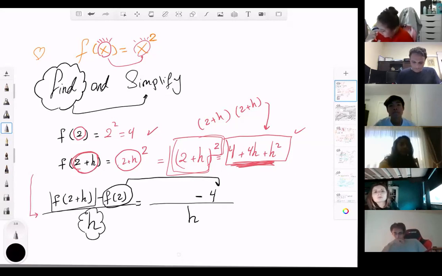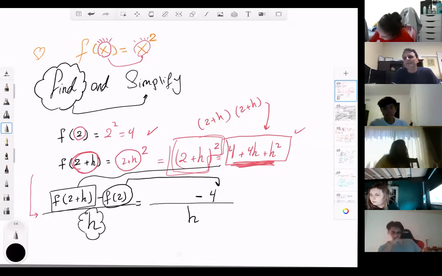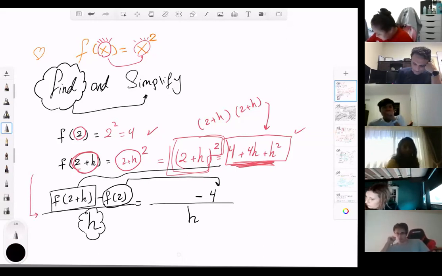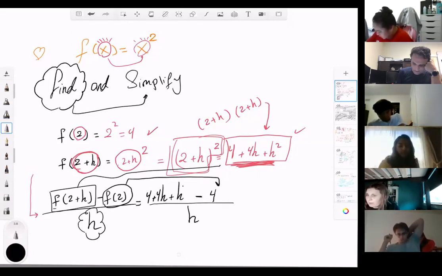What is f of 2 plus h? It happens that we solved it. If not, you need to simplify it separately, but it happened to be one of the exercises. So instead of f of 2 plus h, I'm going to put 4 plus 4h plus h squared.